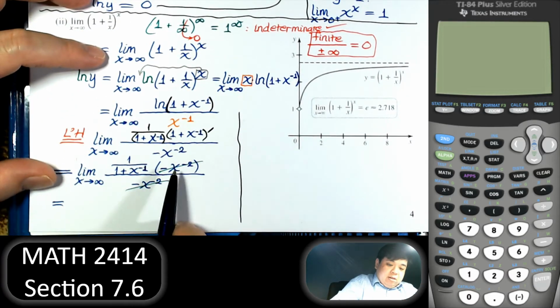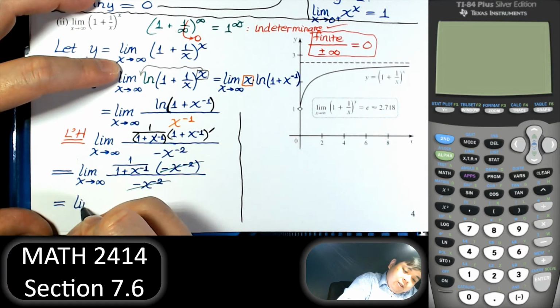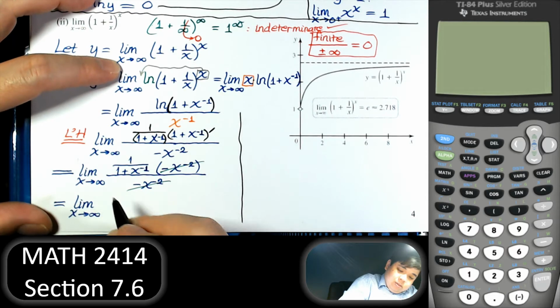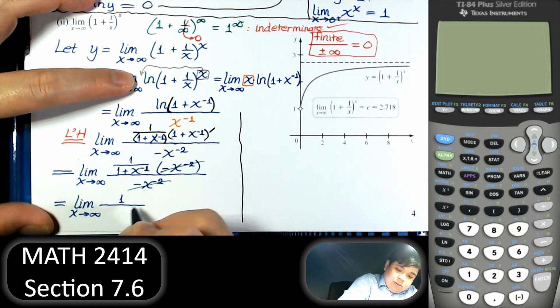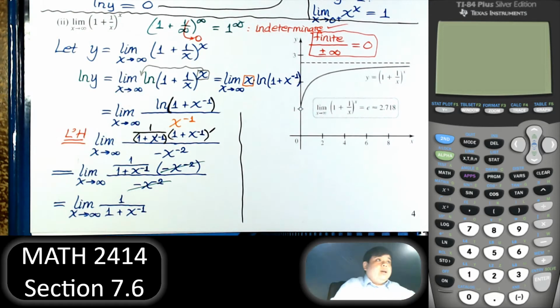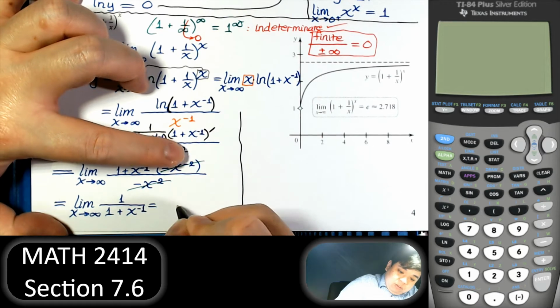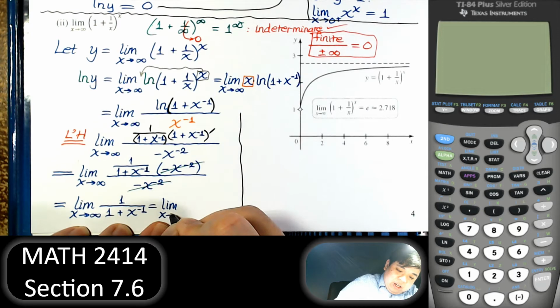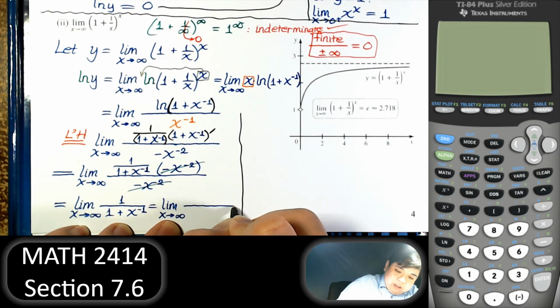Right, so like I said, that cancels out. Now we have a new limit. Let's put the numbers in and see what happens. Before we do that, I want to rewrite the x to negative 1 as 1 over x.